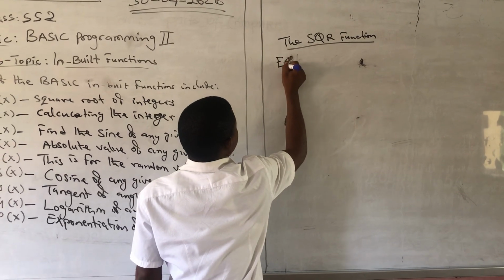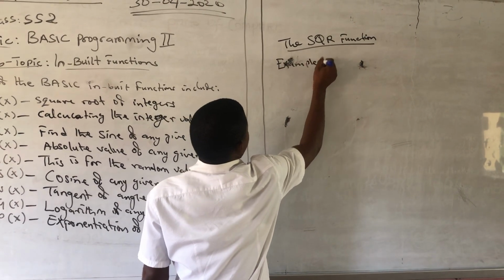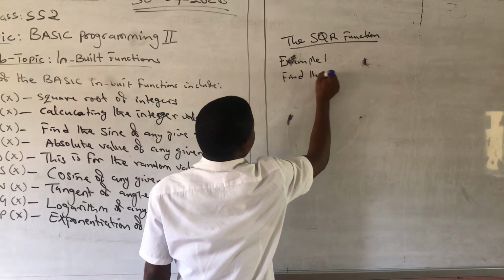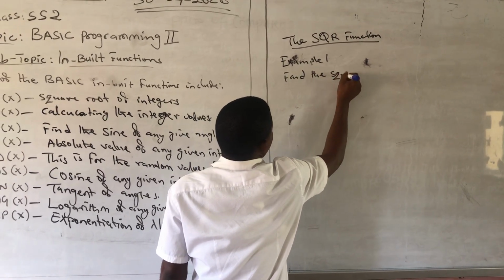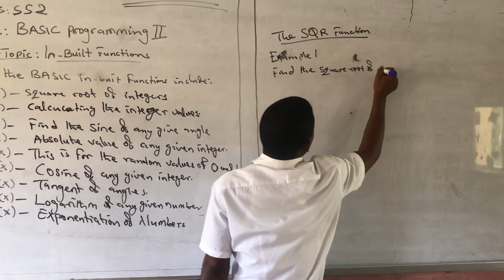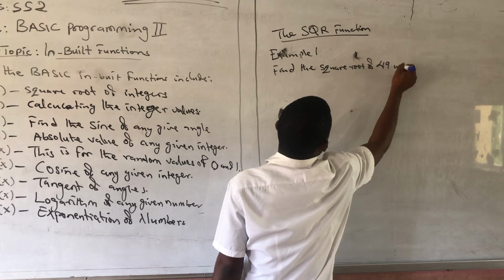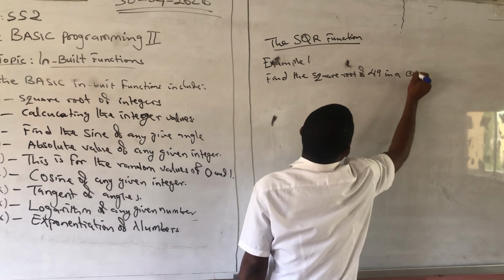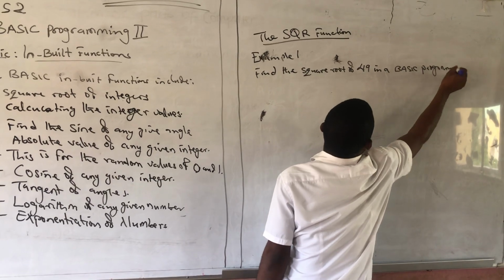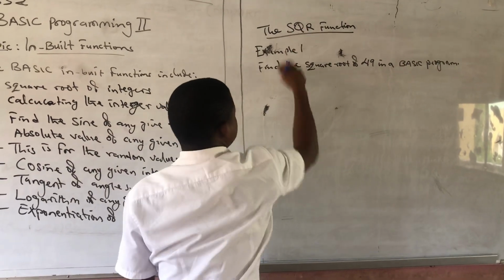Example 1. Find the square root of 49 in a BASIC program.